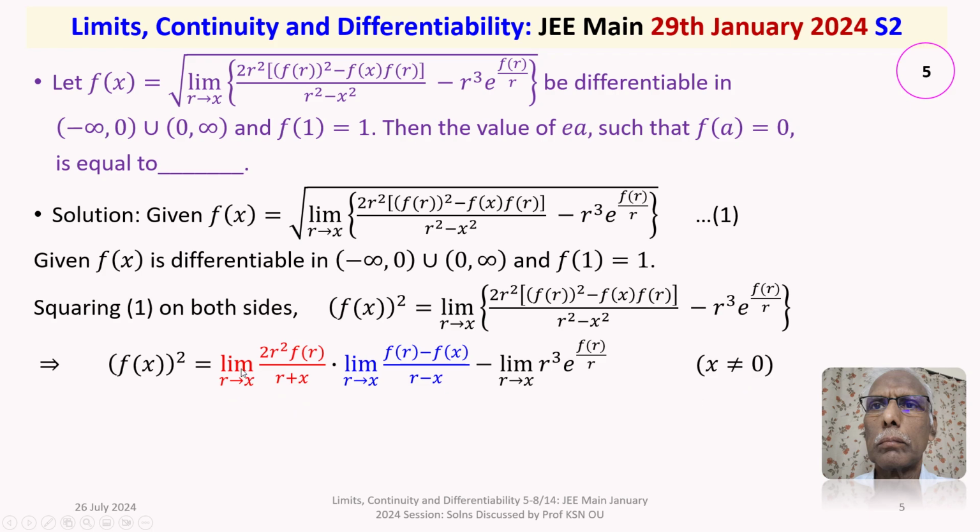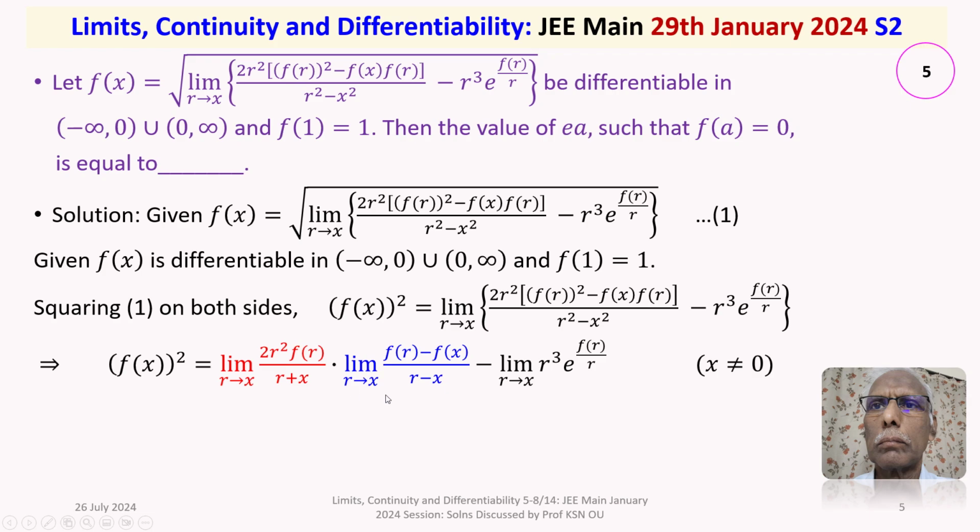Agreed. Now limit r tends to x of 2r square will be 2x square by x plus x, 2x into f of x. Why f of x? Now f of x is differentiable everywhere except at x is equal to 0. So it is continuous everywhere except at 0. So limit r tends to x of f of r will be f of x, x not equal to 0.